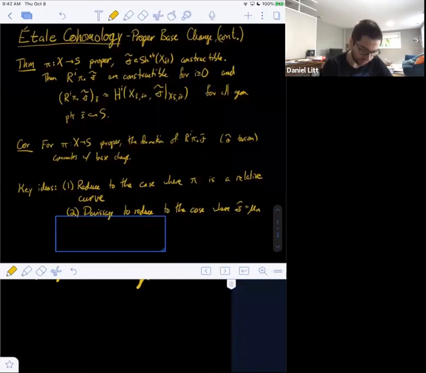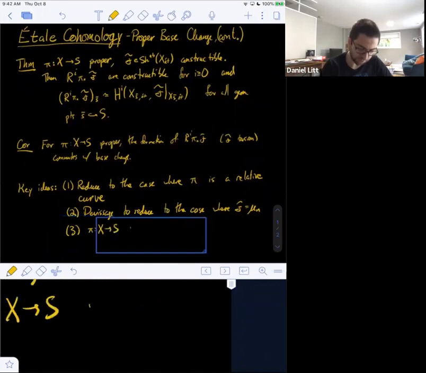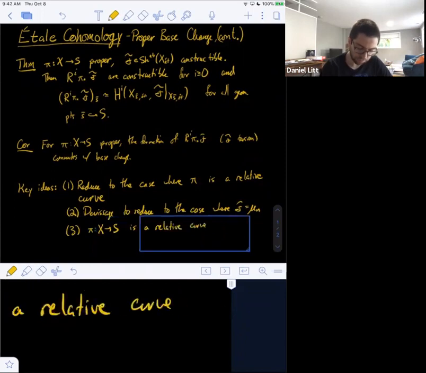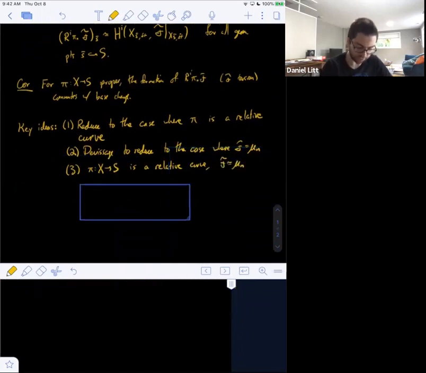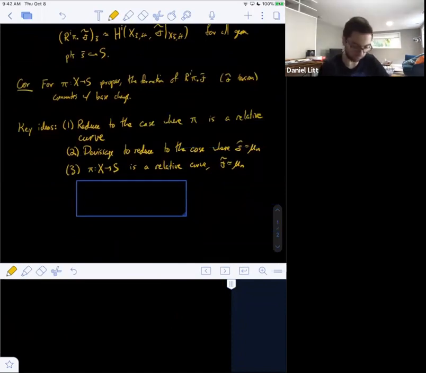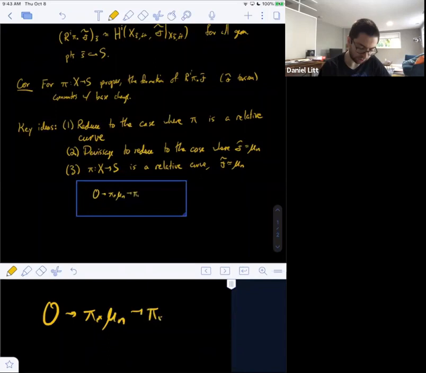All right. Okay, so now we're in the situation where π: X → S is a relative curve and F is isomorphic to μ_n. So in this case, we have a long exact sequence of derived pushforwards. We have 0 to π_* μ_n to π_* G_m.